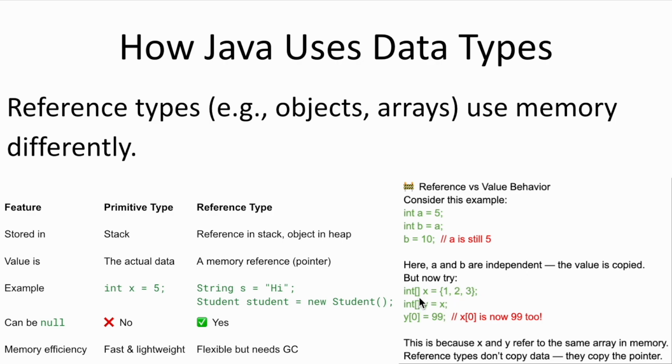But when you assign a reference type variable x to y, and then you change one of the items of y, it will also change the value inside the array x. This is because x and y refer to the same array in memory. Reference types don't copy the data, they copy the pointer. This is a huge difference between primitive and reference types.